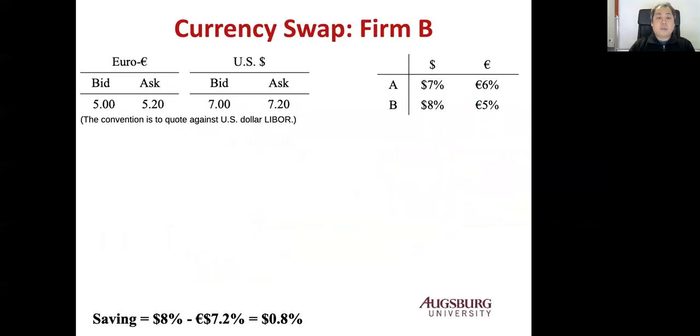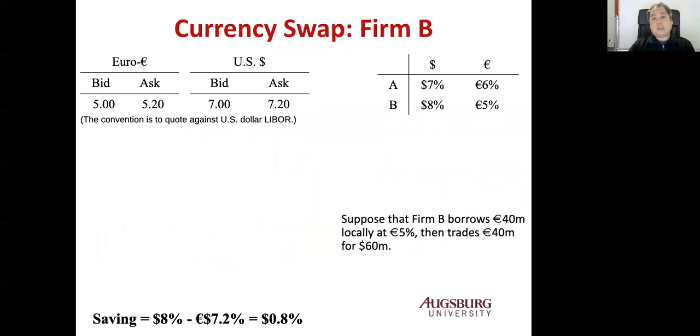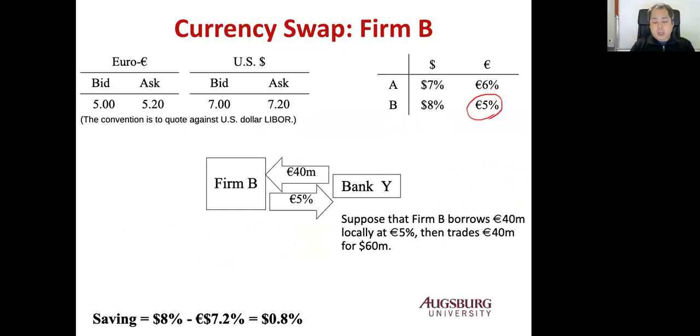Let's look at firm B. Now firm B is a European firm and wants to get dollars, right? So firm B borrows 40 million euro at a 5% euro rate. So they basically pay 5% euro on the 40 million euros.